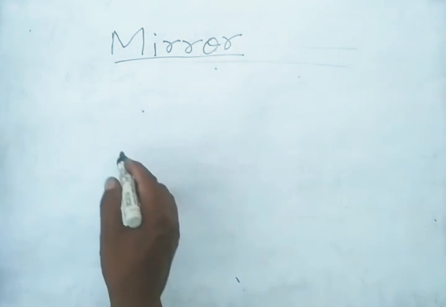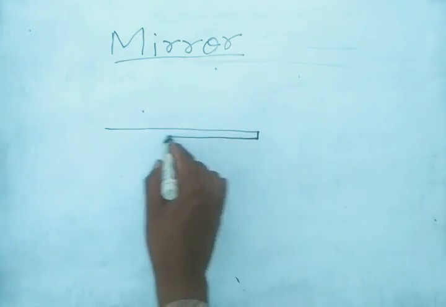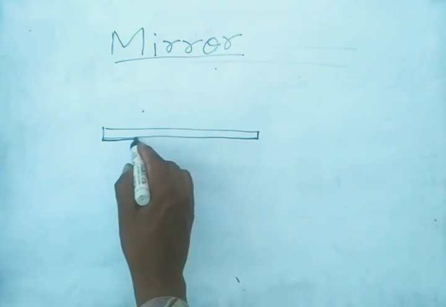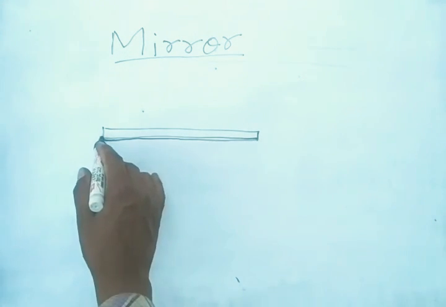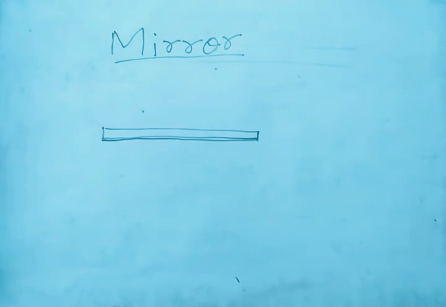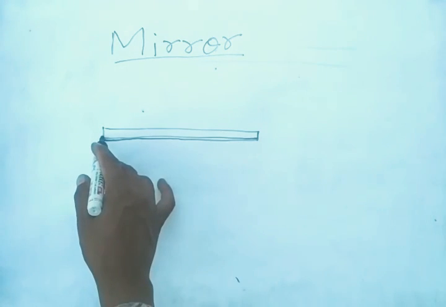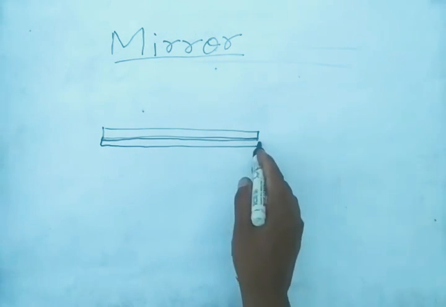What happens, there is a glass piece, and on its backside there is a thin lining of silver or tin, and then nickel, chromium, and aluminum also, depending upon the quality. So best quality is obtained by silver coating. So this is a thin silver coating, and then it is coated with a paint layer.